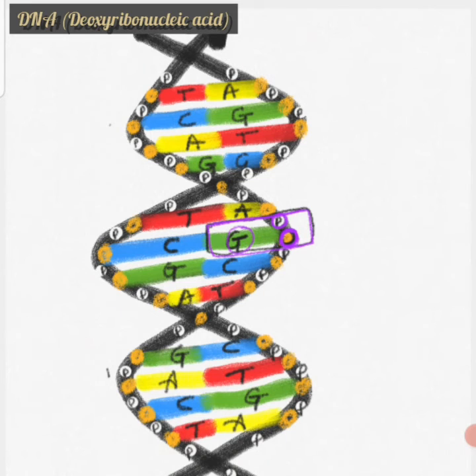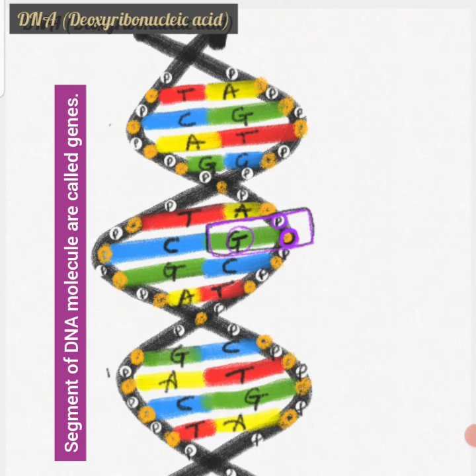So this is a polynucleotide. The DNA molecule is a polynucleotide molecule. In a specific length of a DNA there is a different coding, and this coding is responsible for our characteristics. Our inherent characteristics depend on this DNA coding, and that specific length of a DNA is known as a gene.